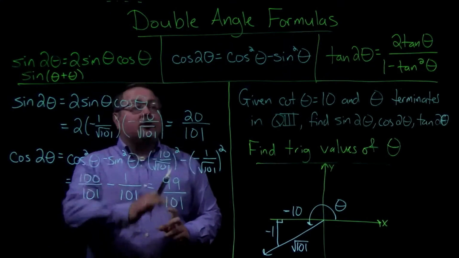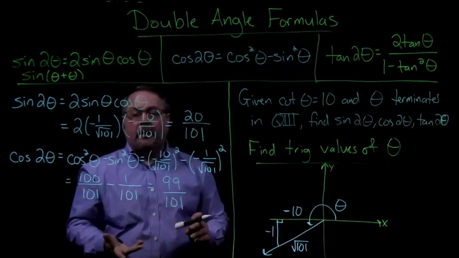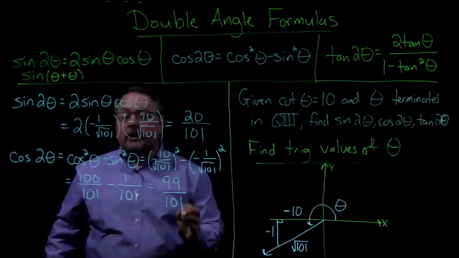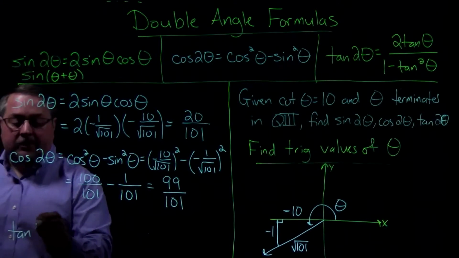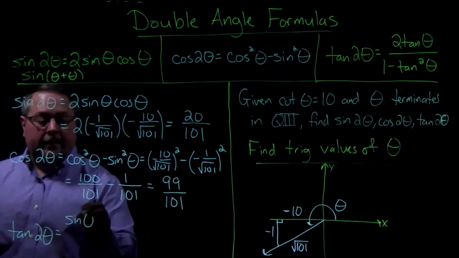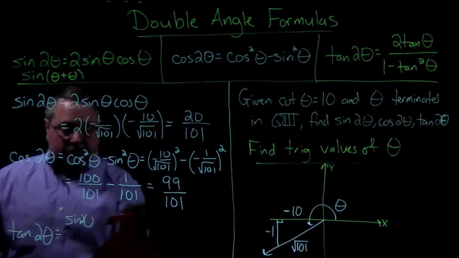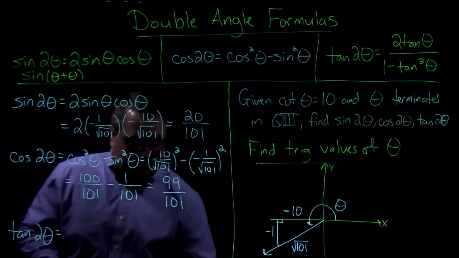Now to get the tangent, we could use the tangent formula, but another way we could go about doing this, and it's going to be a little simpler, is to use a quotient identity. So we can use the fact that the tangent of 2 theta is equal to the sine of 2 theta over the cosine of 2 theta. Let me write that there.